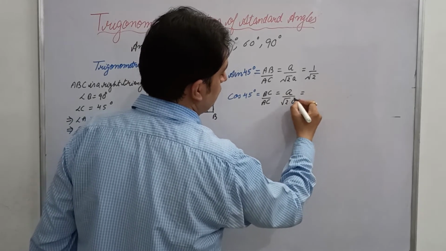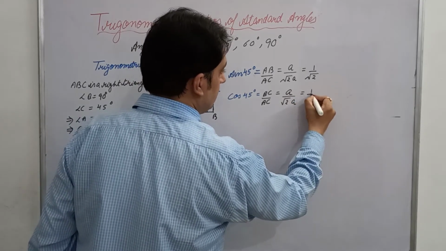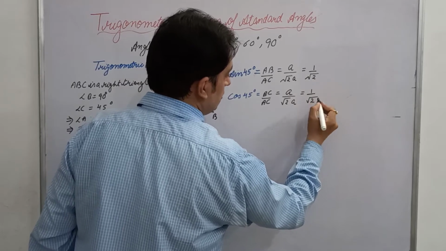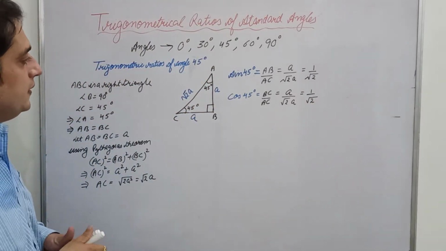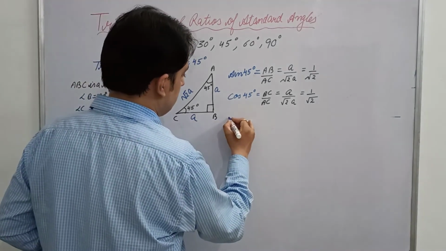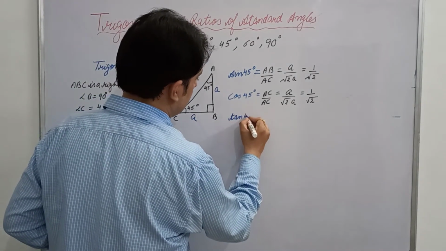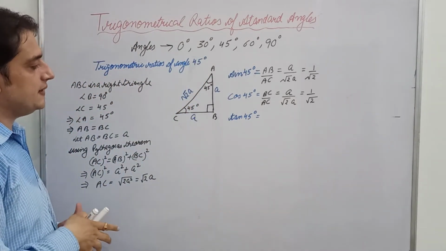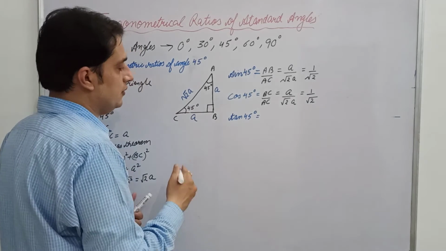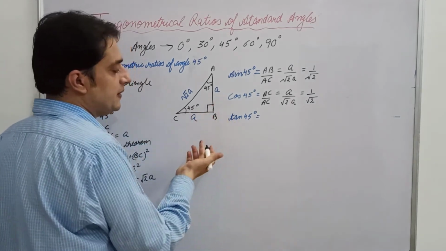So A cancels out with A, and it becomes 1 by root 2. So 1 by root 2 is the value of cos 45 degree. Now tangent of angle: tangent is the ratio between perpendicular and base. For angle 45 degree, perpendicular and base are equal.